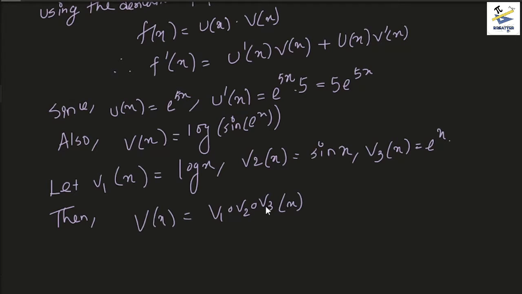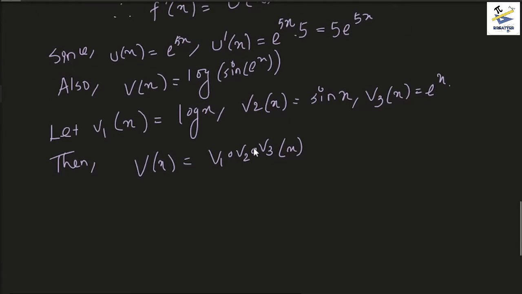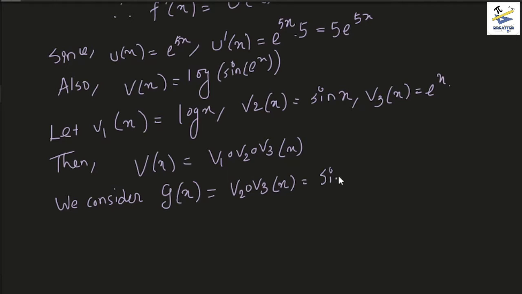So to do something like that, what we do is we consider g of x equals v2 composition v3 of x, which simply is sine of e to the power x.